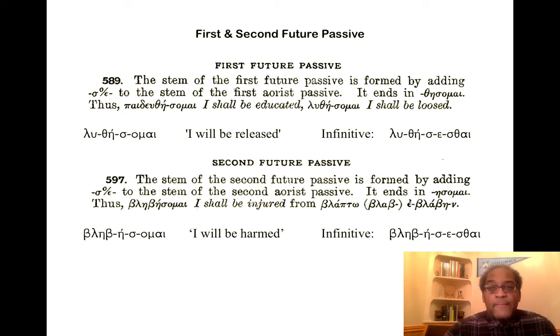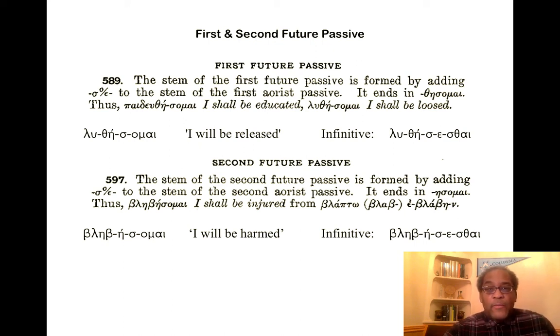So paideu te somai, I shall be educated, and lu te somai, I shall be loosed. So lu te somai, I will be or shall be released. And then if you look at the infinitive, you take that stem and add estai to it.